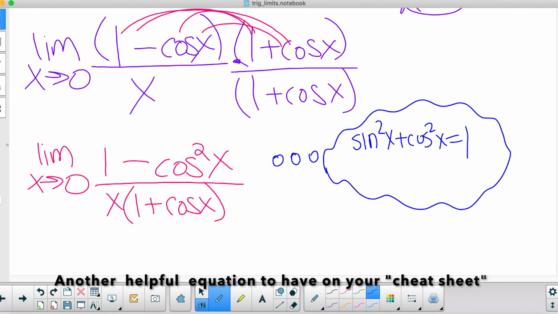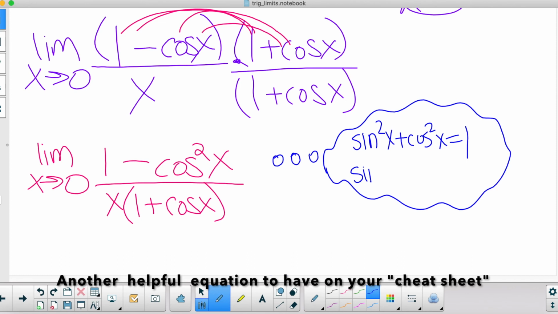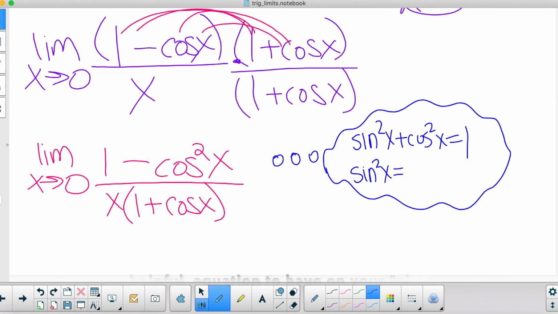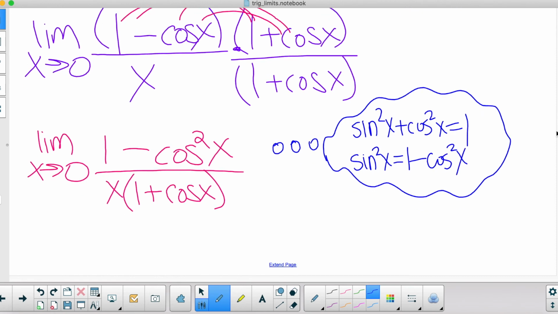And if I subtract the cosine squared x to the other side, you have sine squared x equals 1 minus cosine squared x. And you should be getting super happy, because now we can take out our 1 minus cosine squared x and put in sine squared x.